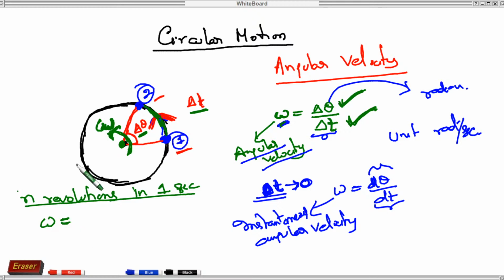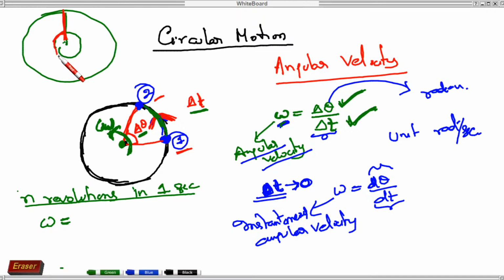In one revolution, what would be the angle traveled? It moves from here to here. Suppose this is your circle and it started from here and again came back here. So in one revolution it moved an angle of 2 pi. In n revolutions the angle will be 2 pi into n.